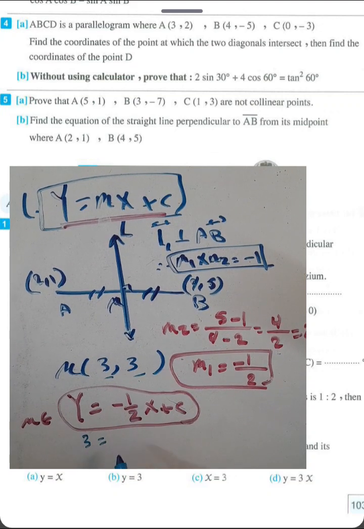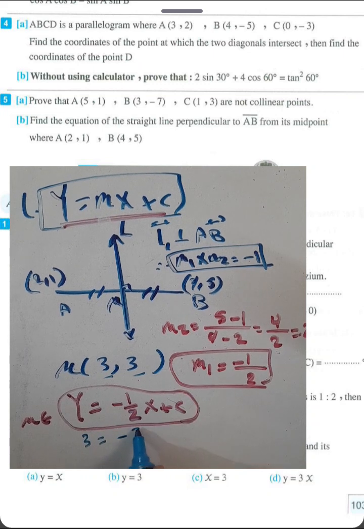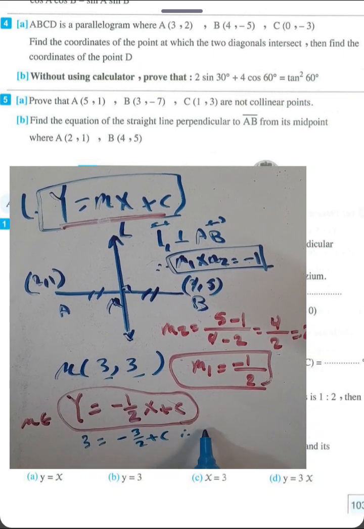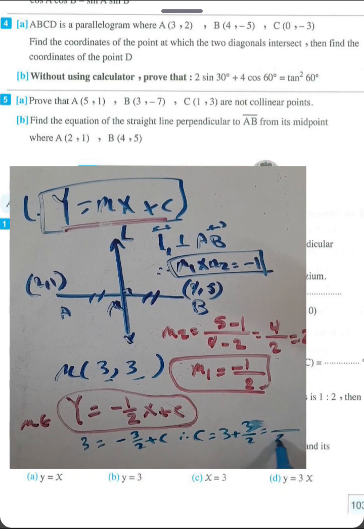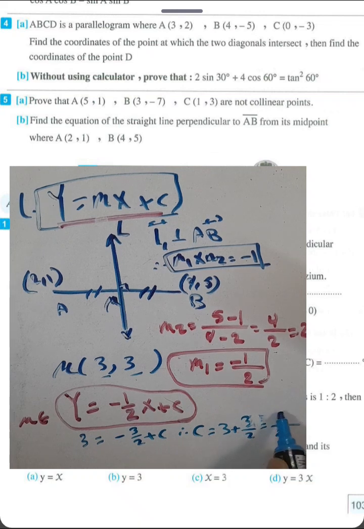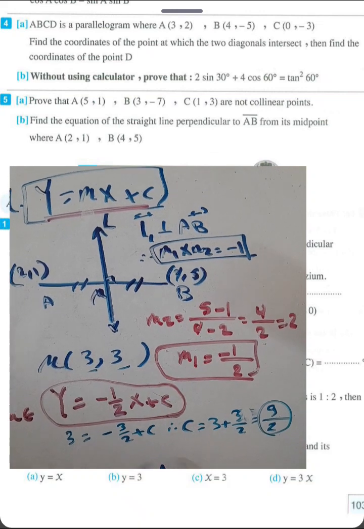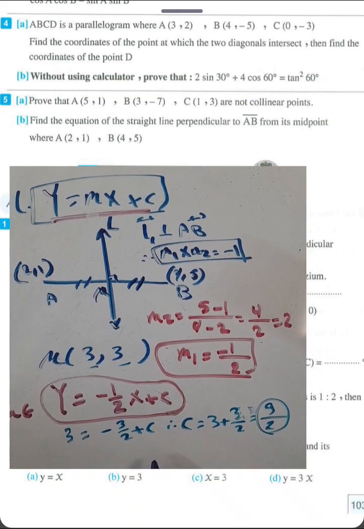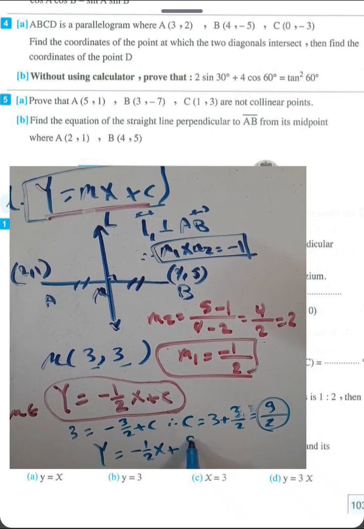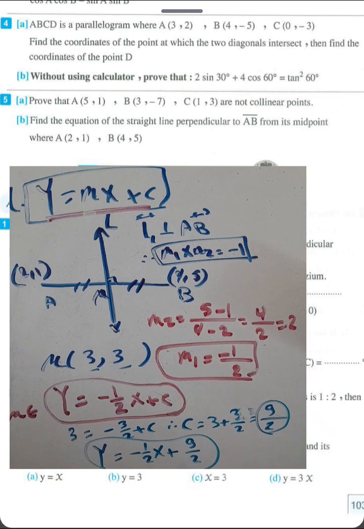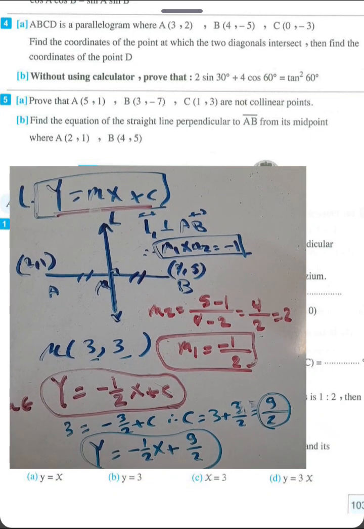Then 3 equals -half times 3, which is -3 over 2, plus the constant. Then the constant will be 3 plus 3 over 2. 2 times 3 equals 6, 6 plus 3 equals 9, so the result will be 9 over 2. Then the equation will be y equals -half x plus 9 over 2.